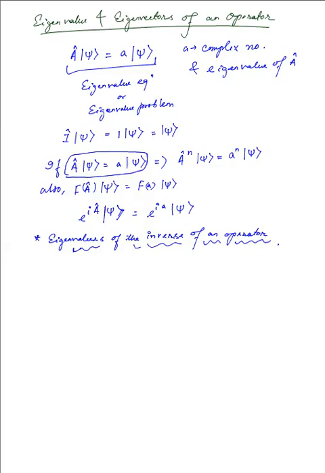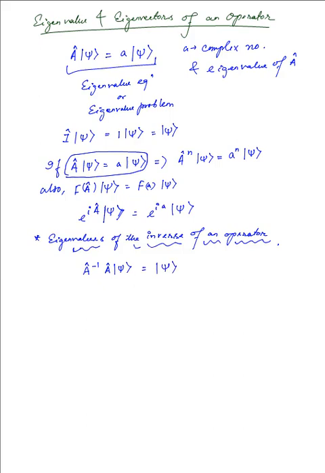Now for the eigenvalues of the inverse of an operator: if the inverse of an operator exists, then the eigenvalues of the inverse are going to be the inverse of the eigenvalues of A. Now let's check that out. If we have the inverse of A operating on A of psi, then A inverse of A is going to be a unit operator, and the unit operator operating on psi is going to be psi itself.